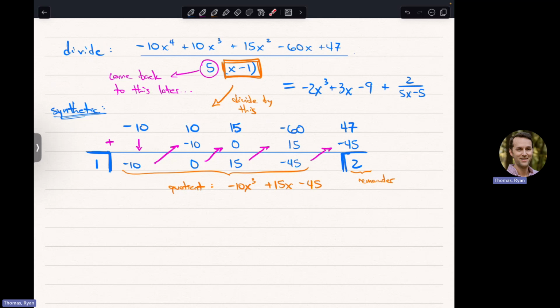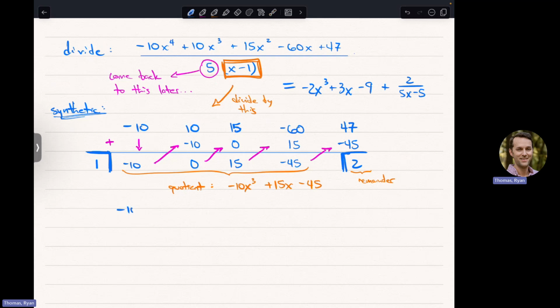Okay, but hopefully we noticed something. This is not what we got a minute ago, and it's the same problem, so obviously we should get the same answer. That's because we haven't divided by 5 yet. We've only divided by x minus 1. So to finish this, this is how I have to adapt synthetic division, because the way synthetic division is set up is to work with things like this. So I still need to divide by 5.